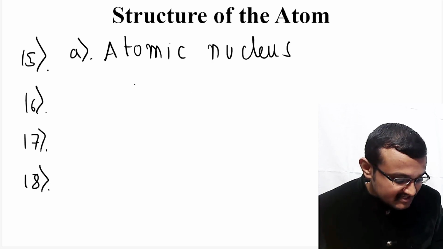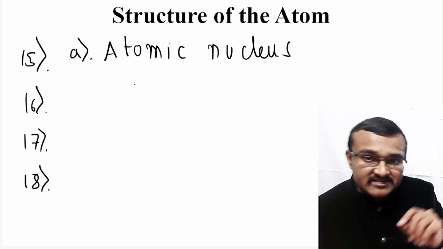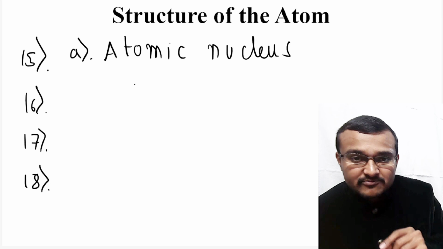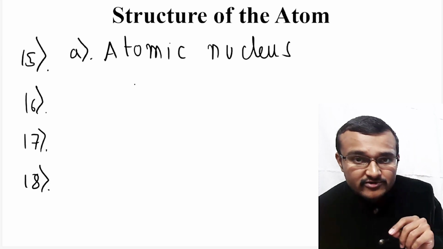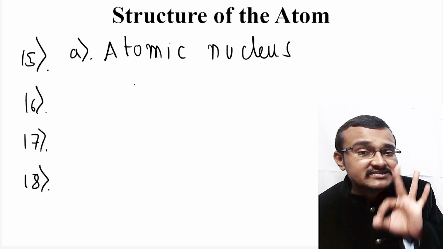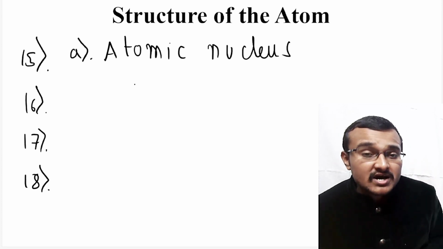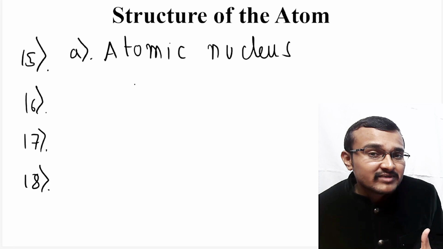Now coming to the 16th question, there they have given isotopes of an element have the same physical properties, different chemical properties, different number of neutrons, different atomic numbers. So only when there is a difference in atomic mass number, then it can be known as isotopes. How will atomic mass number be different?